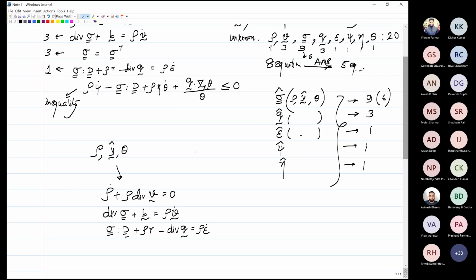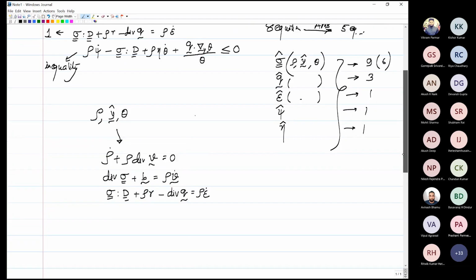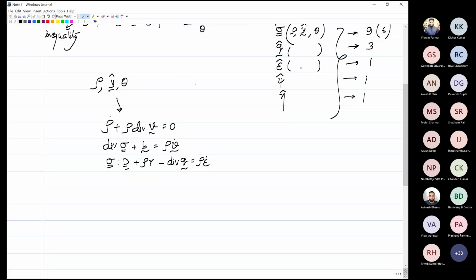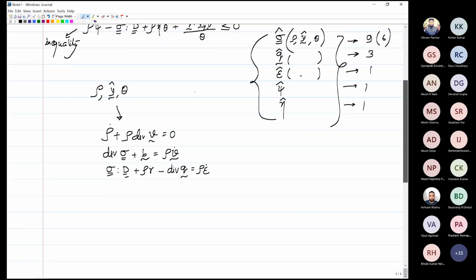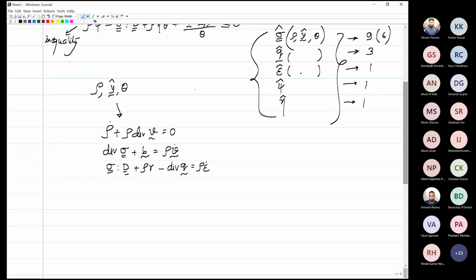Then comes the question about how the constitutive equation should look. What can be the various restrictions on the constitutive equations? For these constitutive equations that we have listed here, there are some basic physics principles which should not be violated when we choose a constitutive relation.